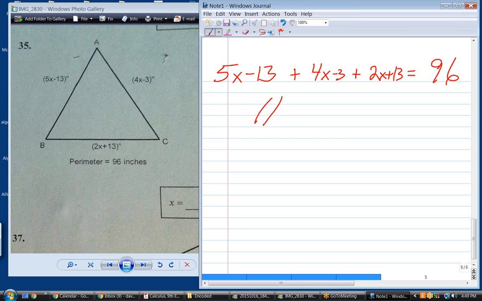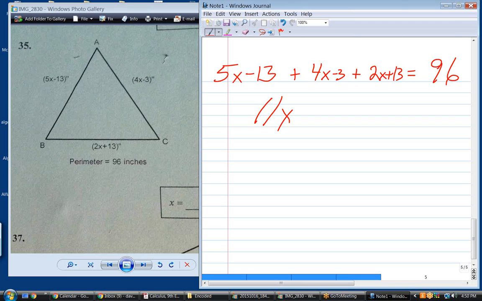So 11x. Okay. And then I found the easiest way to do this is to combine all the numbers that are on the same side and then move it over. So then negative 13 minus 3.